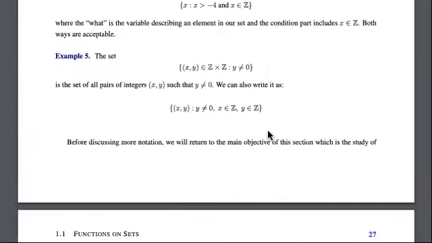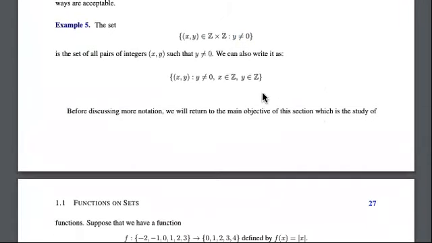Here's another example of defining a set. So the what, ordered pairs where both are integers. But the condition is you don't want the second one to be 0. You could also write it this way: ordered pairs x, y, and then the condition, where we're letting x be in Z and y be in Z. This is another way of writing it.